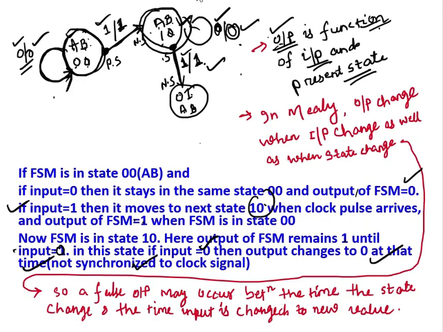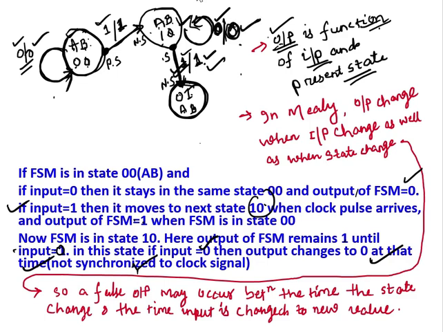See, one disadvantage of this Mealy machine is that sometimes it is not synchronized to the clock signal. In this case it will move to next state when input comes and output will be 1 when the clock pulse arrives. But in this case, even if there is no clock signal and input comes suddenly, it gives output.